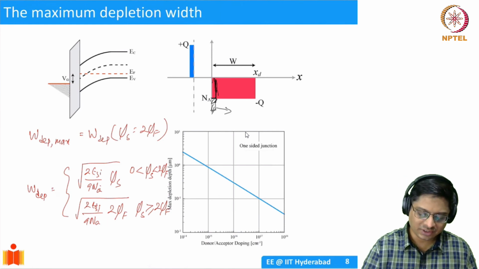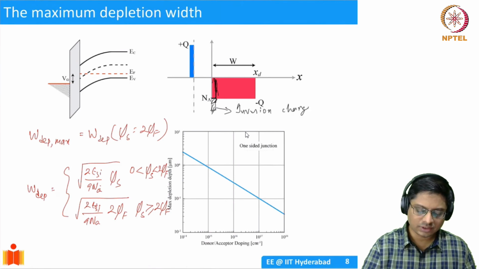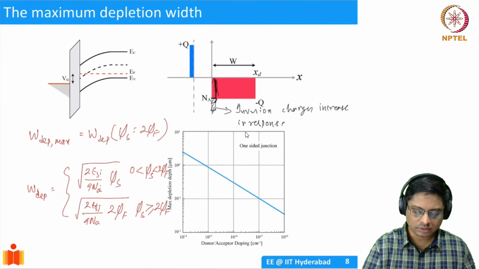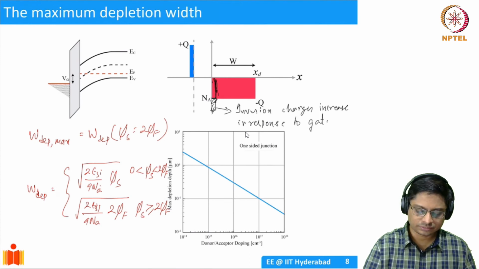Okay. So inversion charges increase in response to gate voltage, but W depletion does not change.